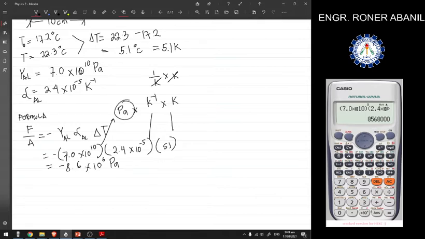Okay? So, pwede natin 'tong i-convert. Yung Pascal kasi is pwede natin i-convert ng pounds per square inches. Okay?